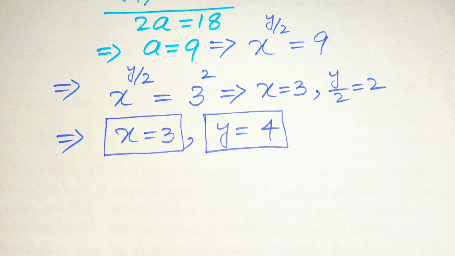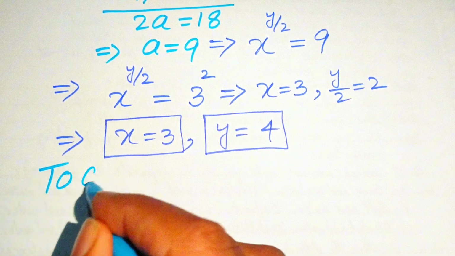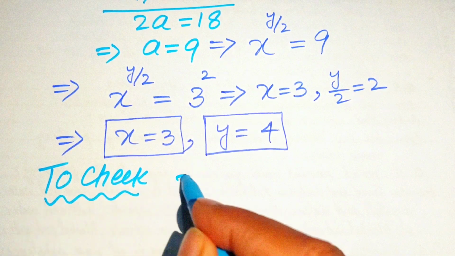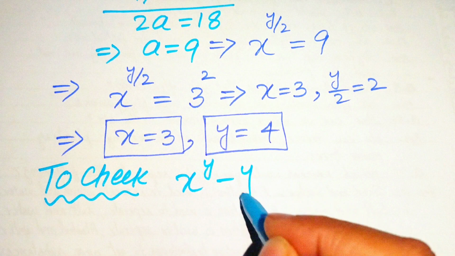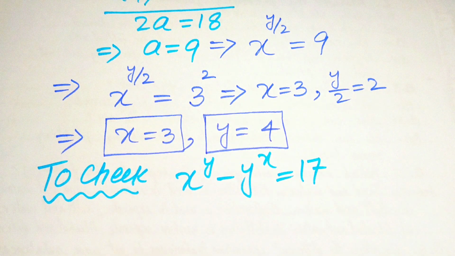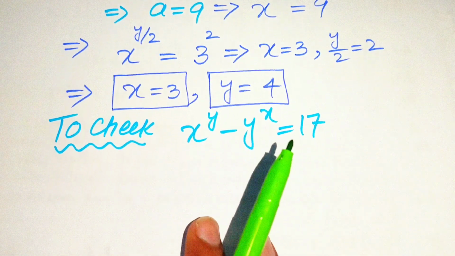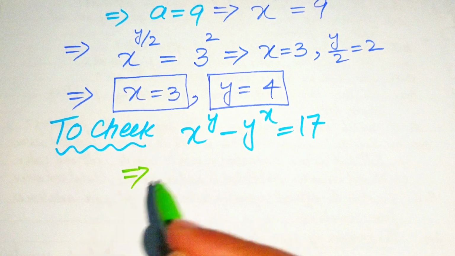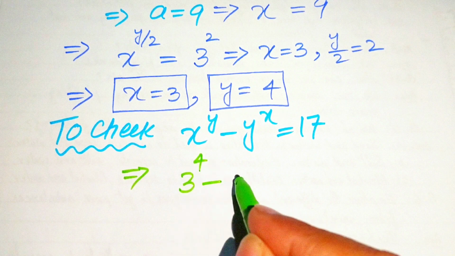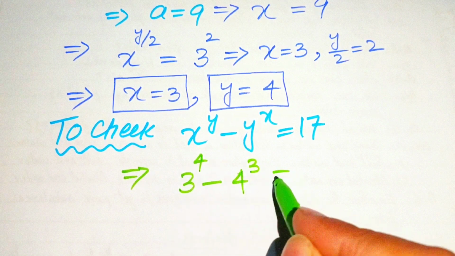Now in order to check whether these values satisfy the given question statement or not, we will check it. The given statement is x to the power of y minus y to the power of x equals 17. We put both of these values of x and y in the left hand side, with x equals 3 and y equals 4, so we have 3 to the power of 4 minus 4 to the power of 3.